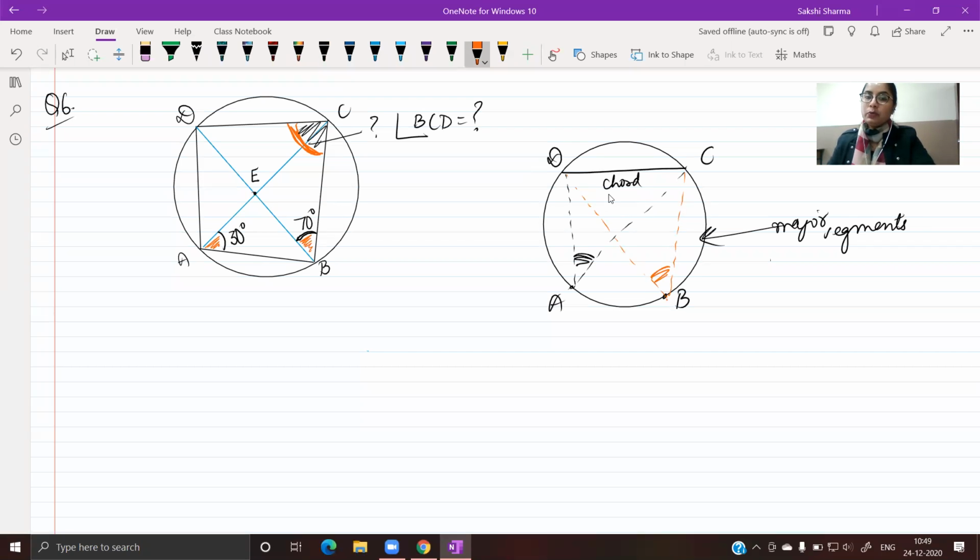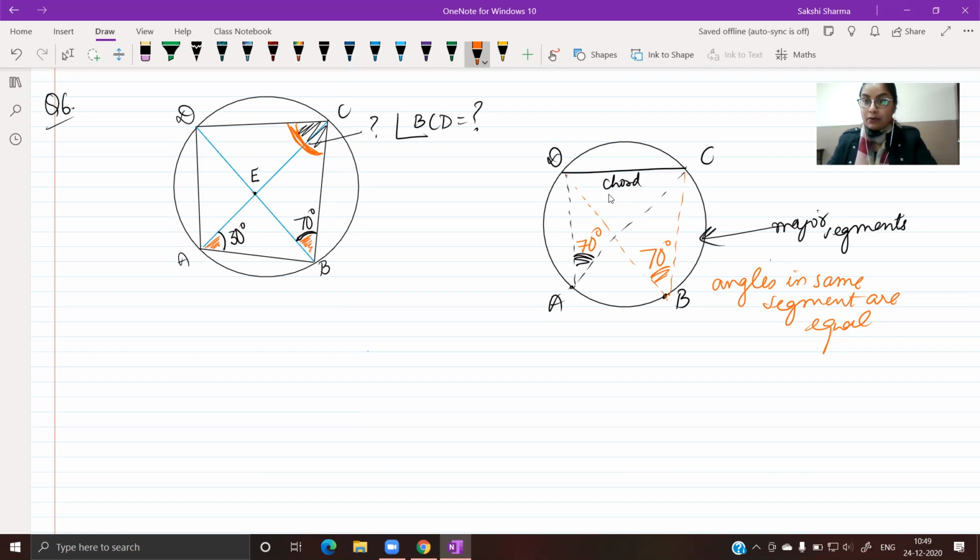These two angles will be equal. These are angles in the same segment. So if you go back to your figure and observe, this particular angle is 70 degrees. It will make angle CAD also 70 degrees.